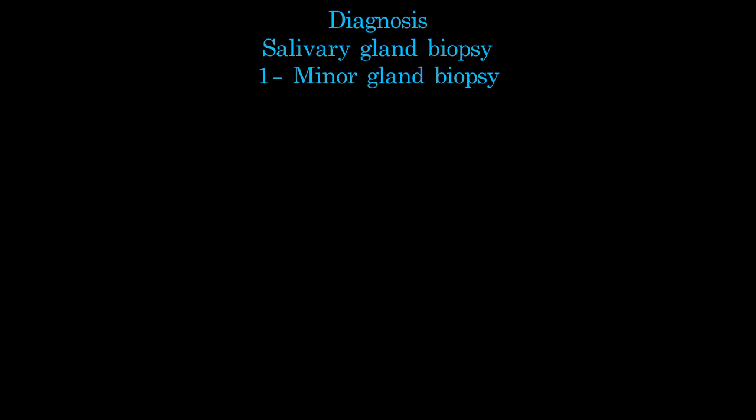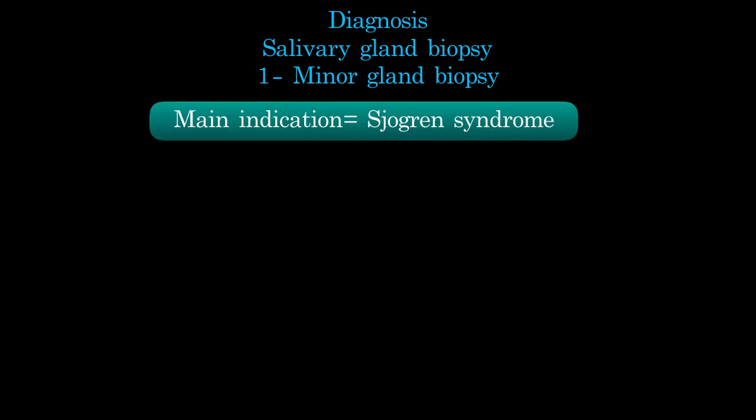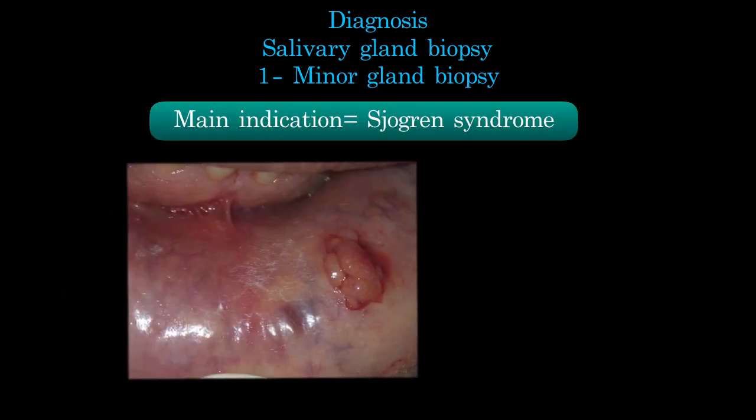Okay, the last type of investigation that we can use for diagnosing salivary gland diseases is salivary gland biopsy. The most commonly used type of biopsy is the minor gland biopsy. The main indication for using it is Sjogren syndrome and things that mimic Sjogren syndrome.